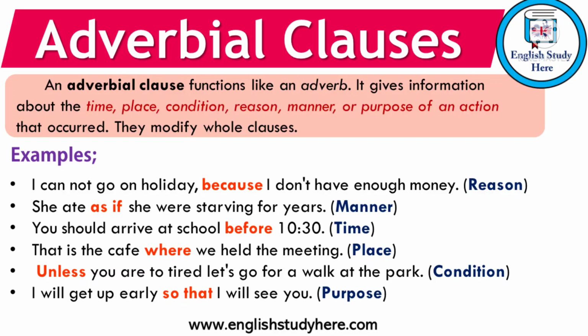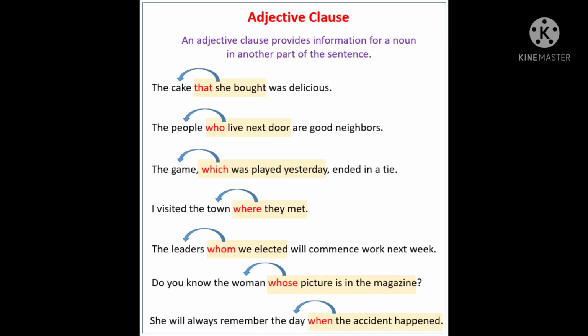An adjective clause is also known as the relative clause. These clauses modify the noun or the pronoun in the sentence. It answers questions like what kind, how many, which one. For example, women who are not married are called spinsters.